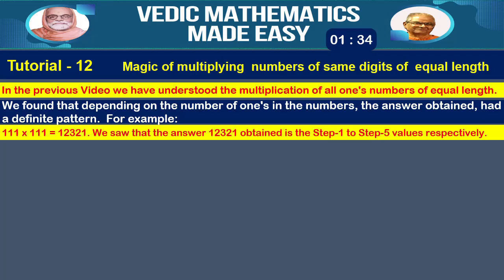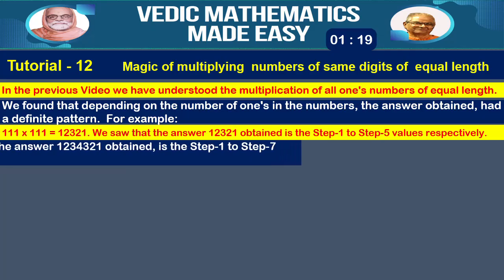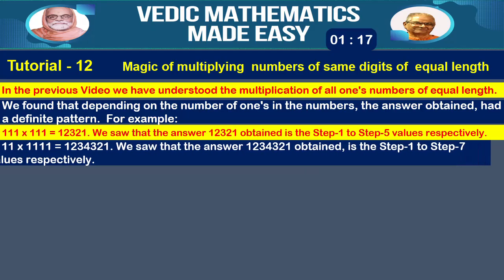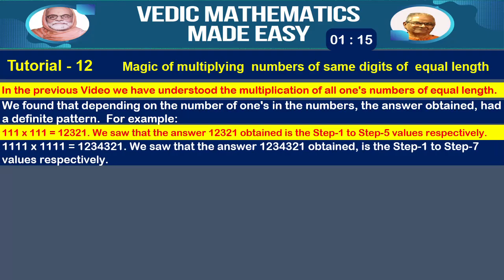In fact, the digits in the answer 1, 2, 3, 2, 1 are the step 1 to step 5 values respectively. Similarly, 4 ones into 4 ones is equal to 1, 2, 3, 4, 3, 2, 1.